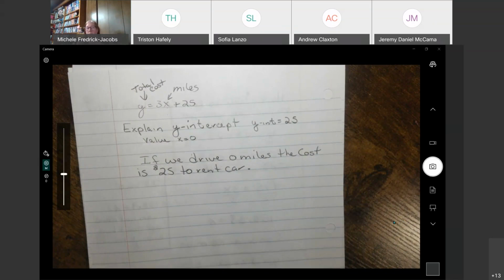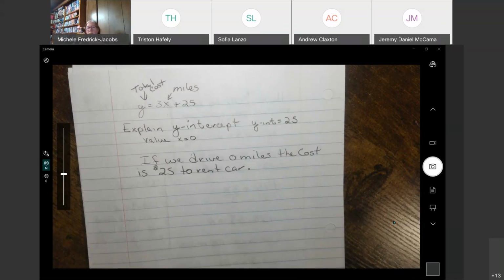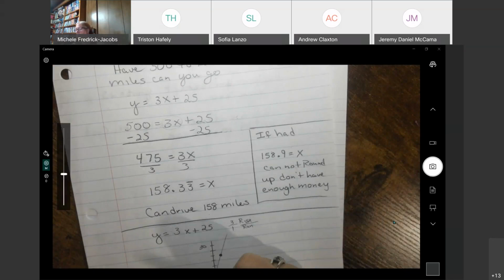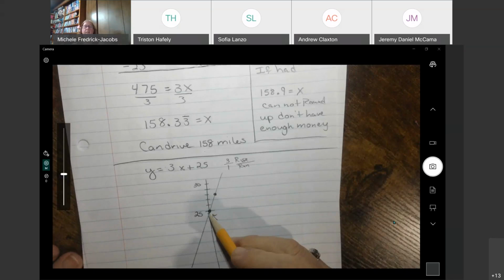Given if someone was to drive at 0 miles, it costs you $25 to rent the car. Would you start at the point of the graph? Would that be 0? Then you go up 25 over. No, the y-intercept is what you're doing is explaining what this point means. You're just explaining this point. You're not graphing anything.